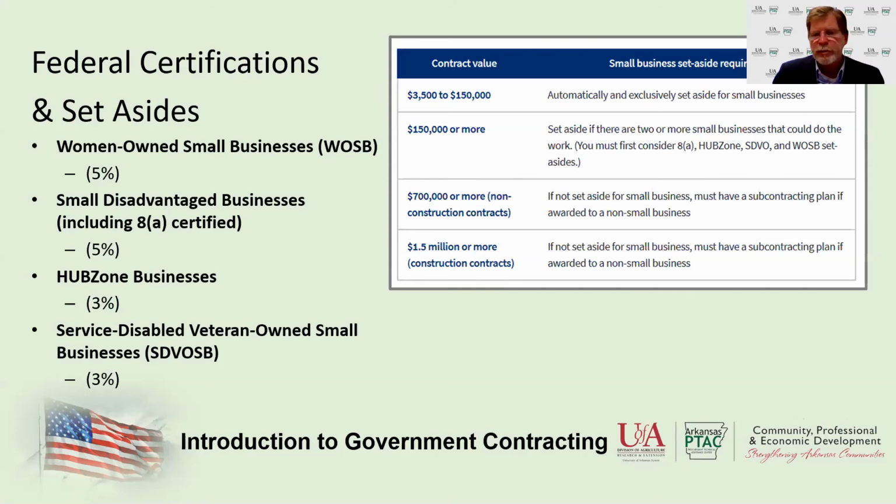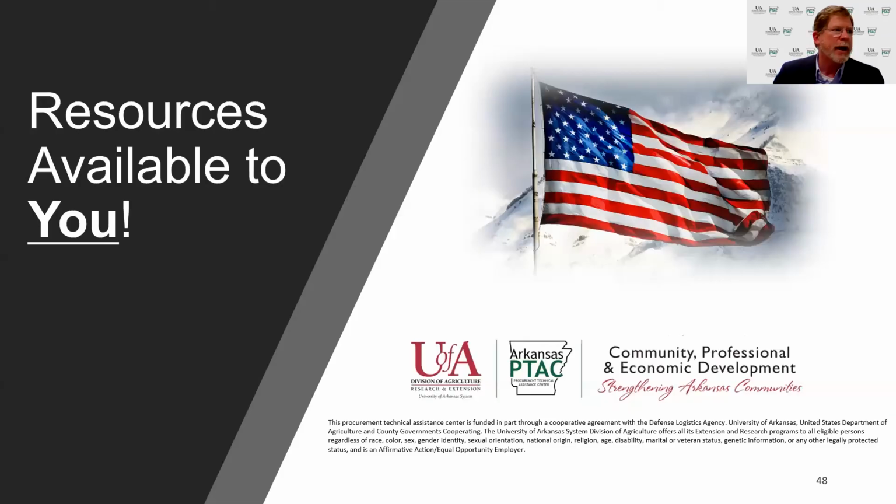HUBZone depends on where you're located and if that area has been designated as a HUBZone. And HUB, historically underutilized business area or zone. And then again, the service disabled veteran-owned small business or the veteran-owned small business. And you see the percentages of what they try to set aside each year. That's their goals, to set aside a certain amount of contracts for those businesses that fit those categories.